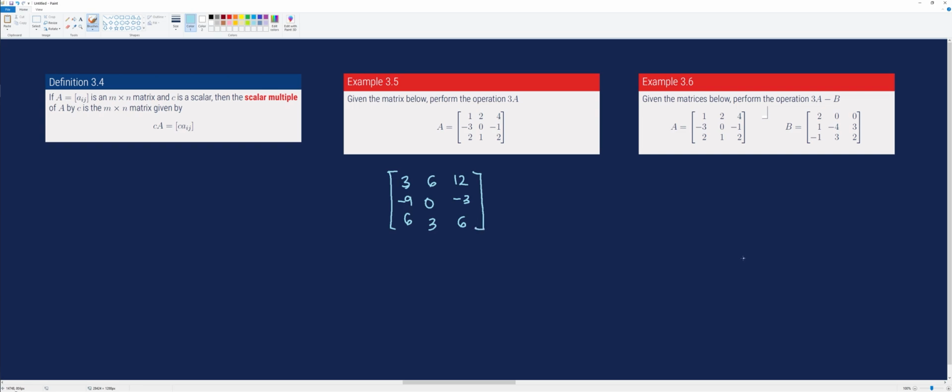With example 3.6, let's perform a series of operations with matrices. Consider the two matrices A and B and perform 3 times A minus B. To do this, all we need to do is to multiply every element of A by 3 first. That is 3, negative 9, 6, 6, 0, 3, 12, negative 3, and 6.